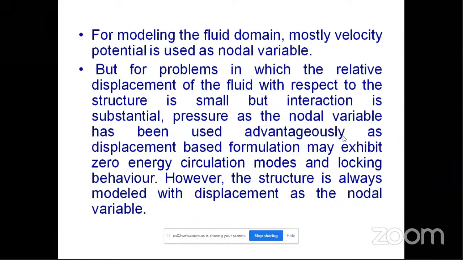But here we have not used velocity potential. We have solved it in another way, because my velocity may not be that high or of appreciable amount. So if I use velocity potential, what happens?